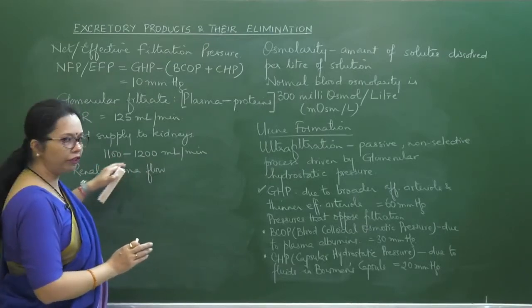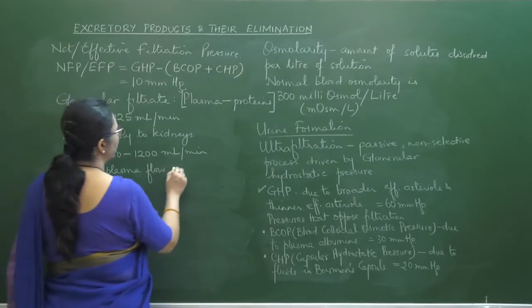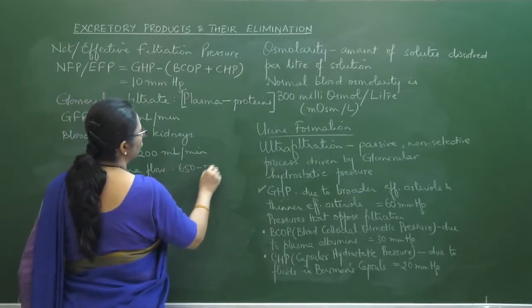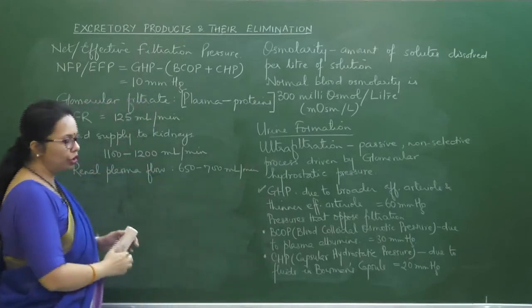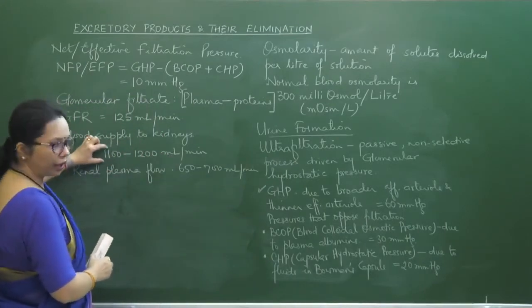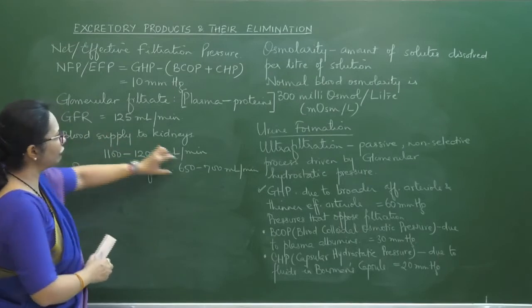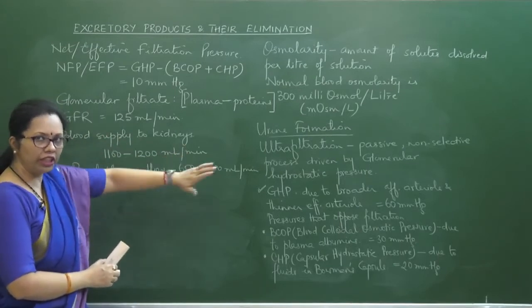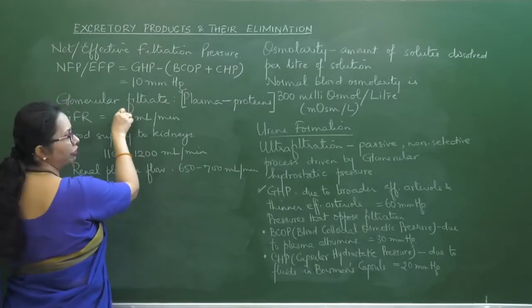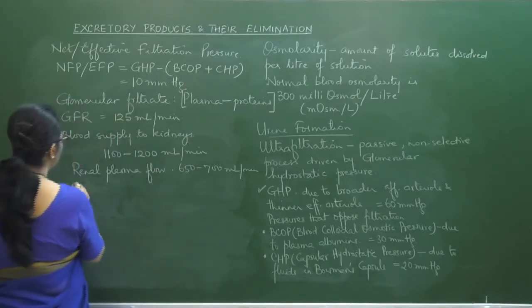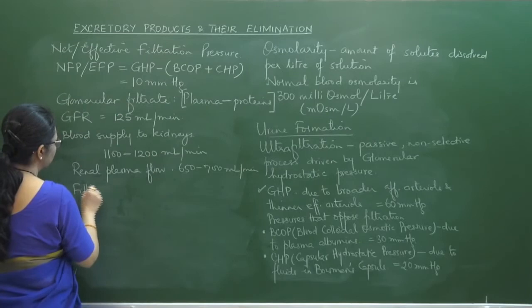So if you take 55% of it, you will get 650 to about 700 ml per minute, this is just a round figure. So this is the amount of plasma, this is total blood. From that total blood, we see how much plasma is passing, and out of this plasma 125 is getting filtered. So that will give us filtration fraction.